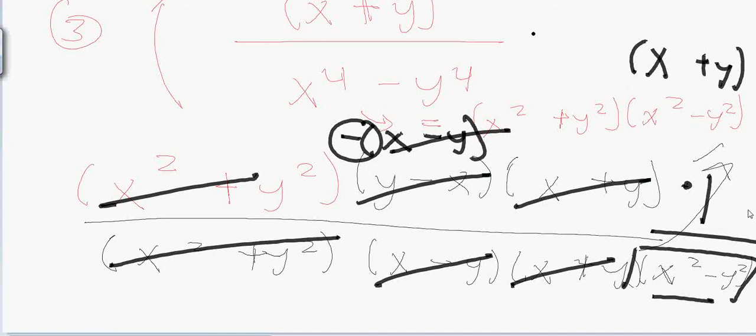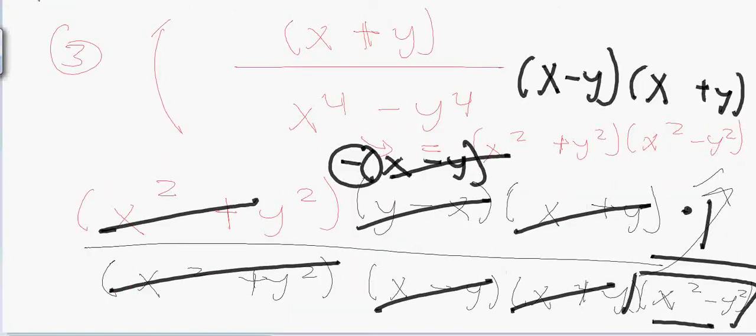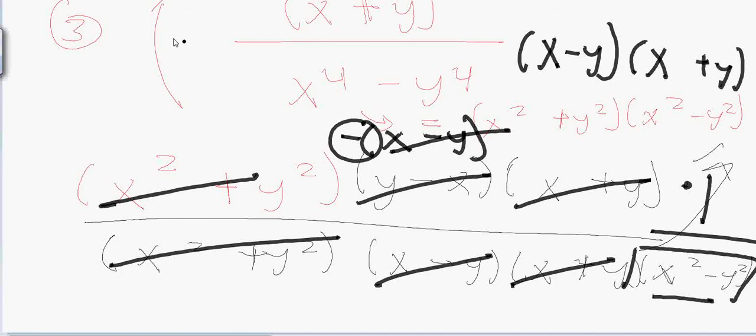So then you'd actually be left with a negative 1. Let's just move it right here. Negative 1 over x squared y squared, because all the terms drop out except for x squared y squared. Alright.